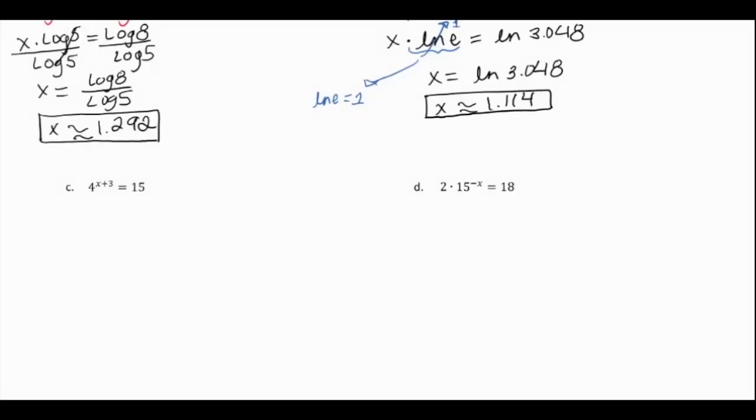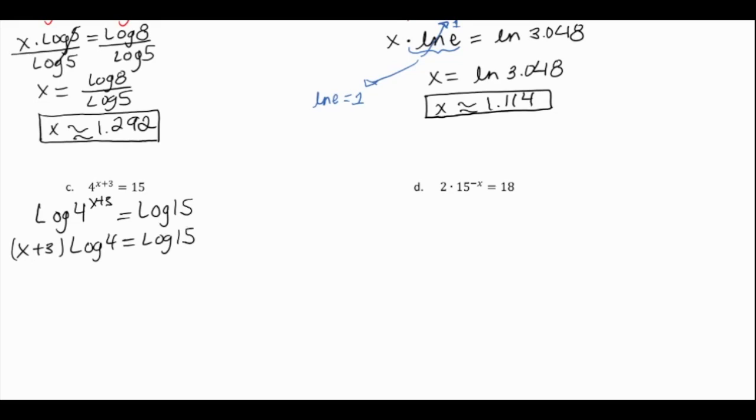For example C, our exponential expression is already isolated. So we take the log on both sides. So we have log of 4 to the x plus 3 equals log of 15. We apply the power property. So we have x plus 3 times the log of 4 equals log of 15.